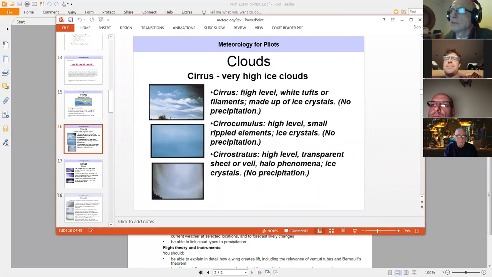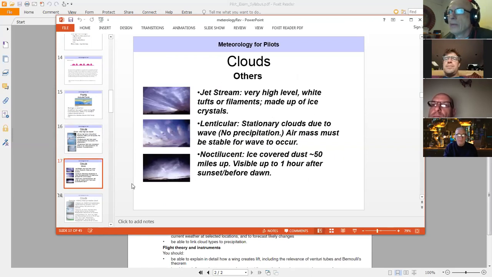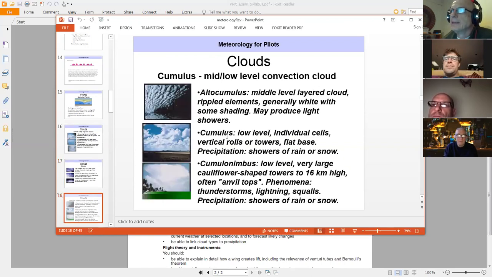You've got cirrus, which is your high level cloud, made of ice crystals. You get no precipitation from cirrus clouds. They're basically too high for precipitation to occur. You're not going to get rain at 25 to 30,000 feet. It doesn't happen.